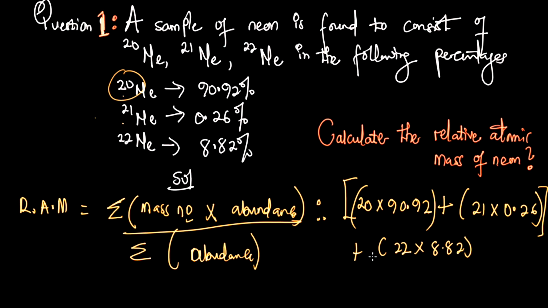We have everything all over the summation of 90.92 plus 0.26 plus 8.82.